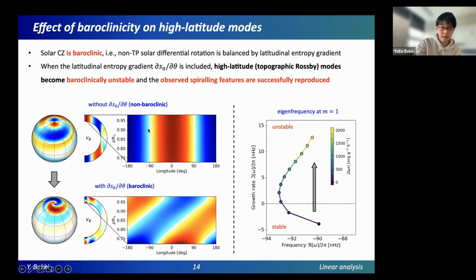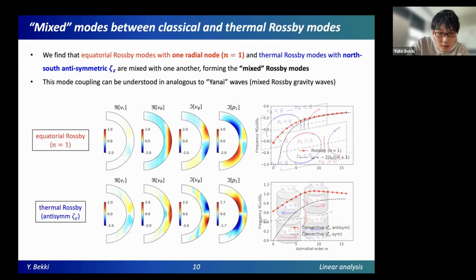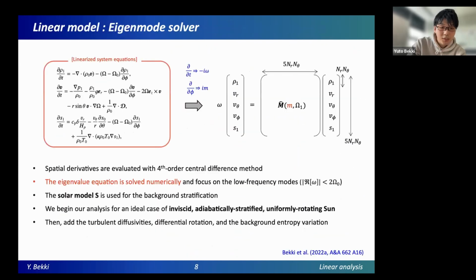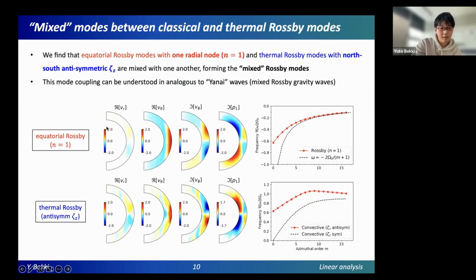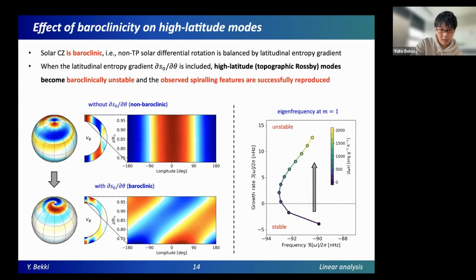What we did is to change the amplitude of this latitudinal entropy gradient term by hand, and then track the topographic Rossby mode.